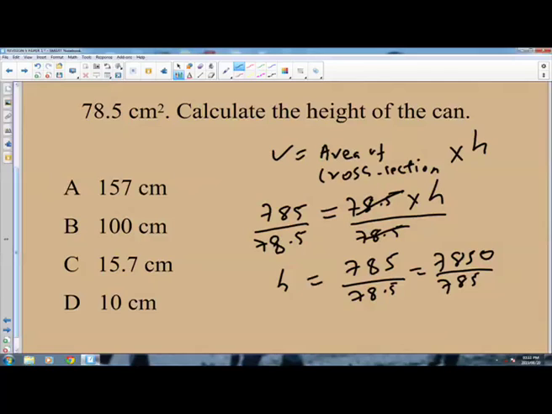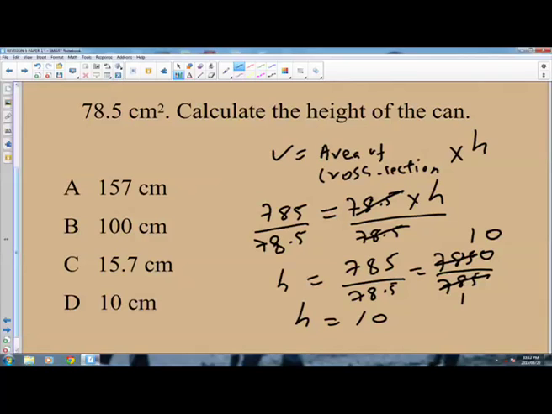And then 785 into 785 is 1. 785 into 7,850, it's 1 here, and then a 0 here. So this is simply saying the value of h is equal to 10 centimeters. So the height is 10 centimeters because the area of the cross-section and the volume were given in terms of centimeters.